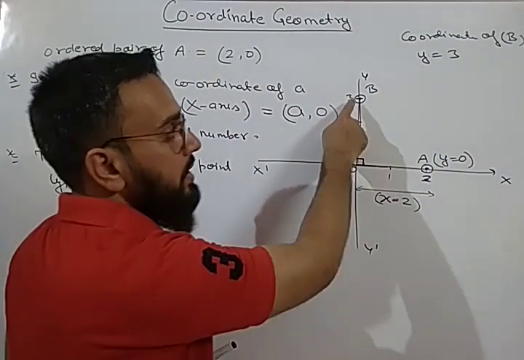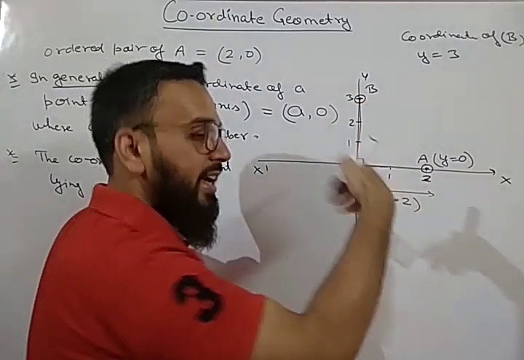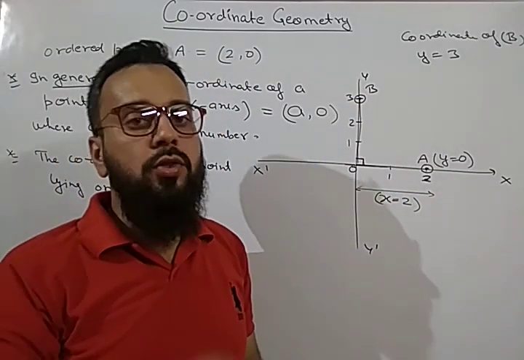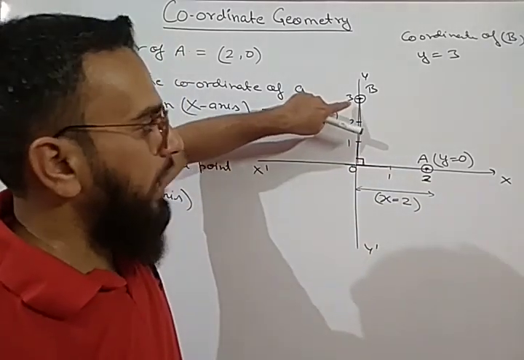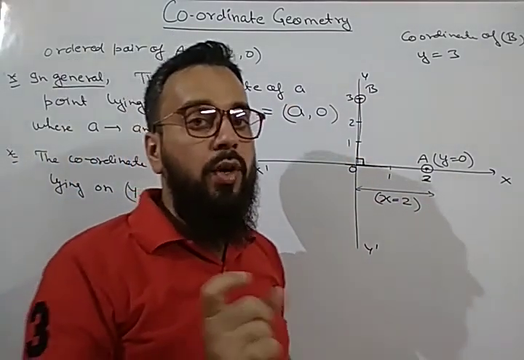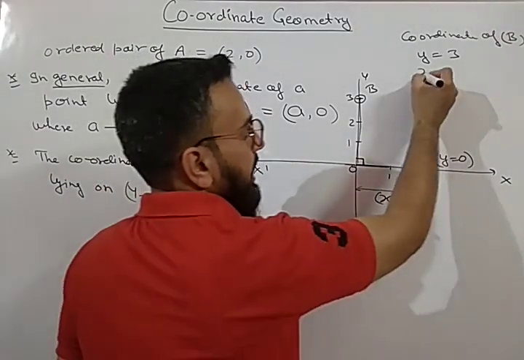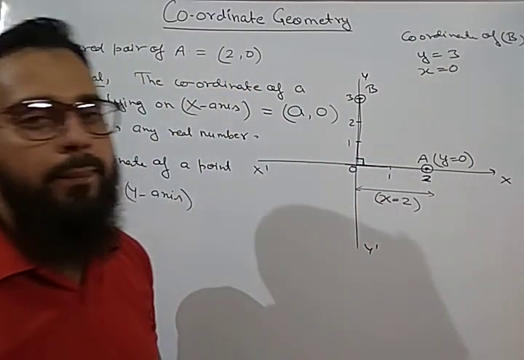But what is the distance of this point from the y-axis? Because this point is lying on the y-axis, there is no distance. Its distance from the y-axis will be 0, and that is our x-coordinate. It means we can write x equal to 0.